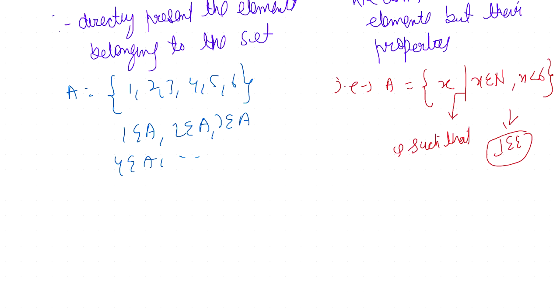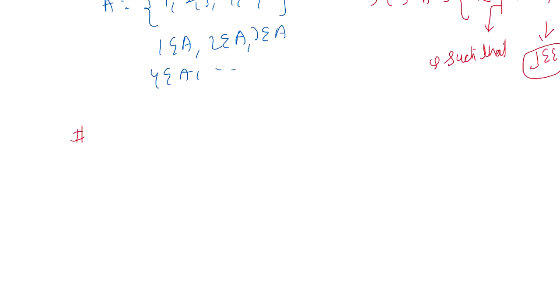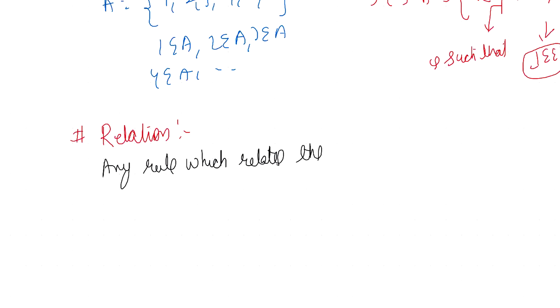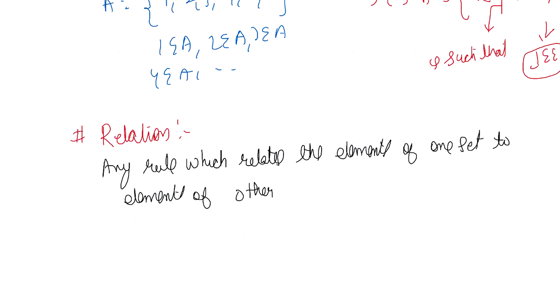Now, second thing that we should study before we jump on to understanding of function, we should know what is a relation. Okay. So relation is any rule. It can be any rule which relates the elements of one set to elements of other set.